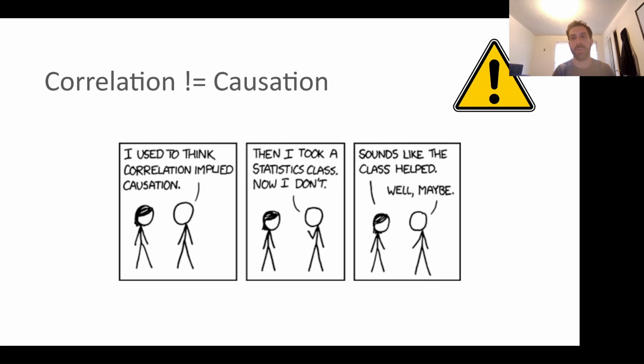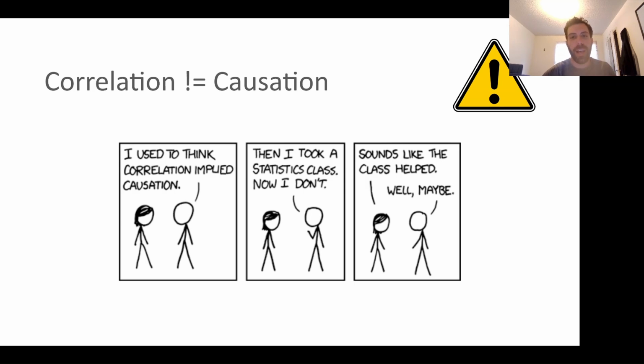And this is just a funny comic off XKCD, kind of making that point that just because two things tend to occur together doesn't mean that one explains the other. Now, obviously, this comic is being a little facetious.